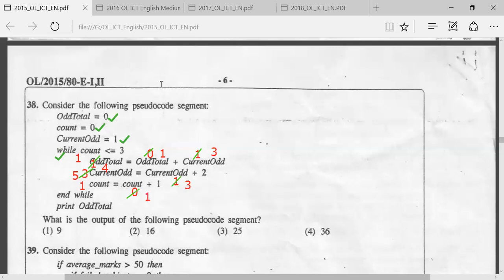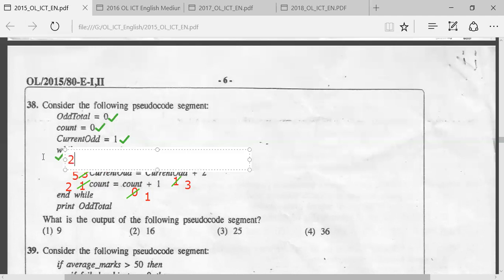So 1 plus 1, it is 2. It will go back here. 2 less than or equal 3. Right? So 2 less than or equal 3, which is true. So here it is 2.